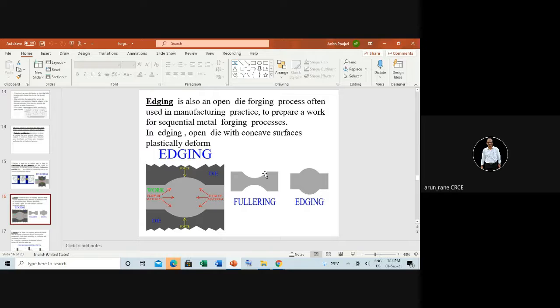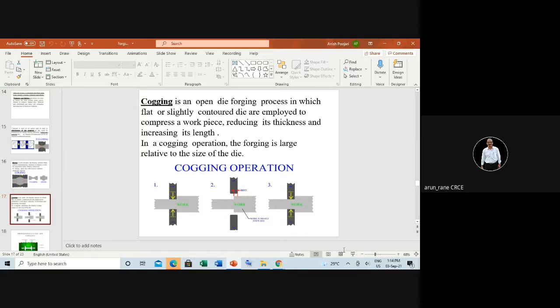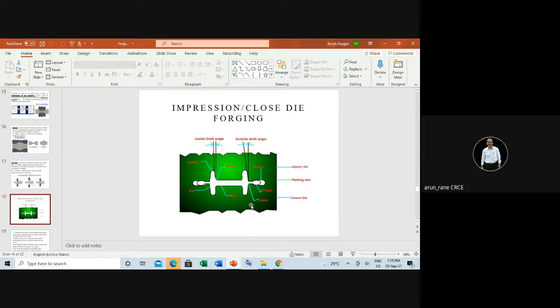You get a concave surface in fullering and a convex surface in edging. Swaging is not much common. Basically, it's an open die forging process only, to produce flat surfaces.